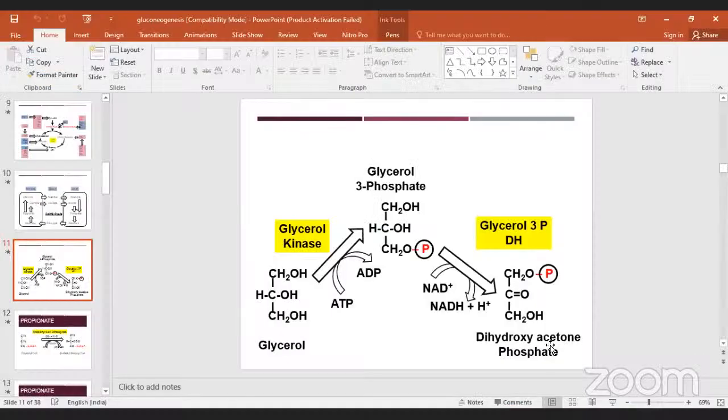I hope this much is clear for you. So we have discussed gluconeogenesis, the key enzymes, the regulation, the energy need for it, the substrates, how the substrates can be channeled through the gluconeogenic pathway, how the irreversible steps are circumvented from glycolysis to gluconeogenesis, and the regulation in detail.